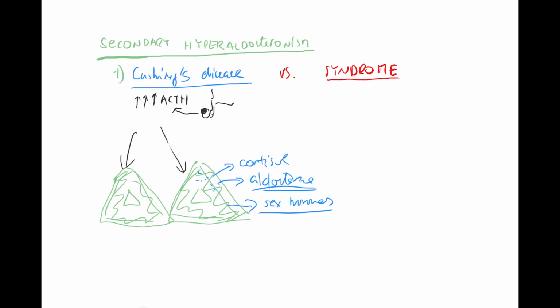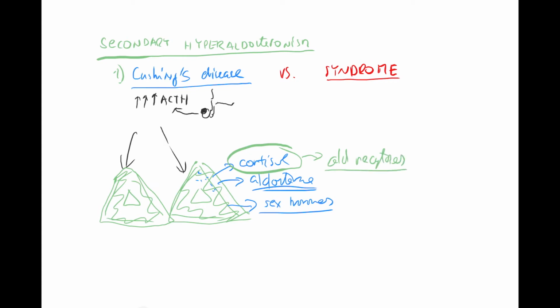Okay, and not only this, it's been shown in vitro, but very likely it works in vivo. Doesn't matter what the reality is now. For you, what matters is to remember that in people with lots of cortisol, cortisol can also bind to aldosterone receptors, at least on cell cultures.